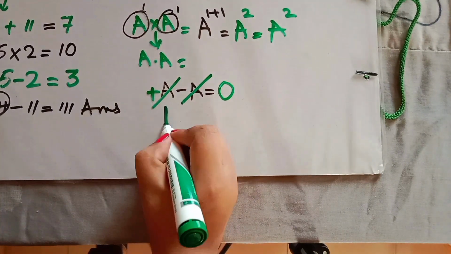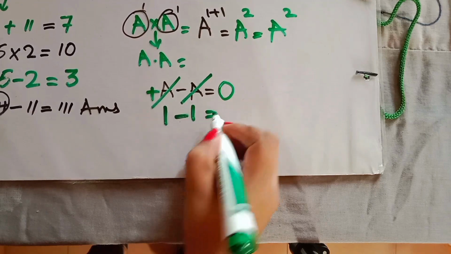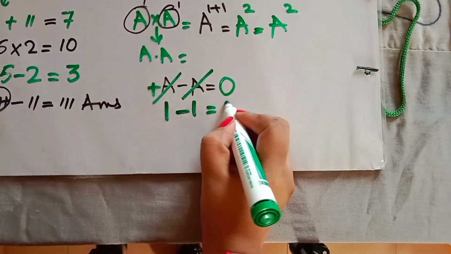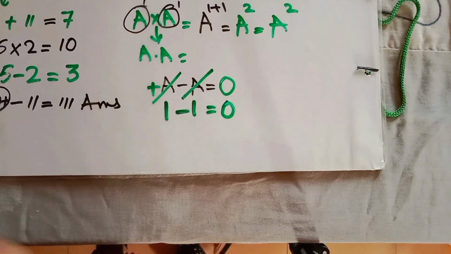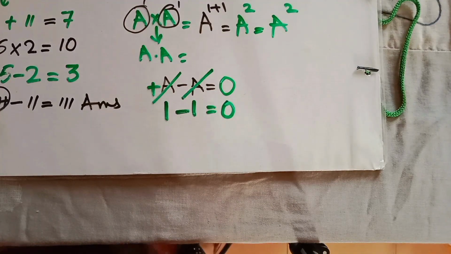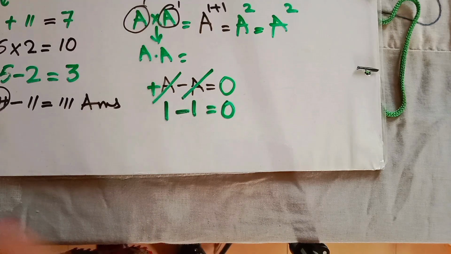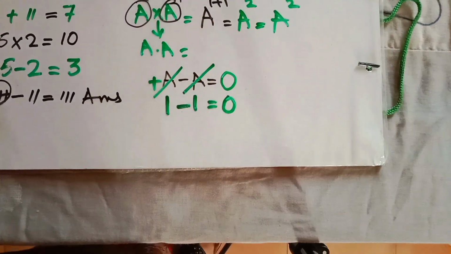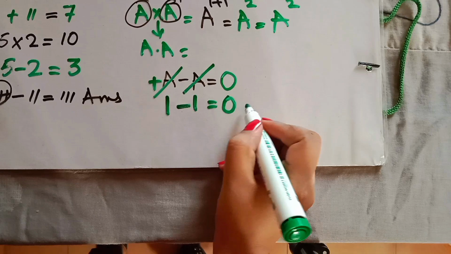For example, if we have plus 1 and minus 1, then it will be 0. Because if we have one candy and we donate it to someone, then we have nothing. After donation we have nothing, so the result will be 0.